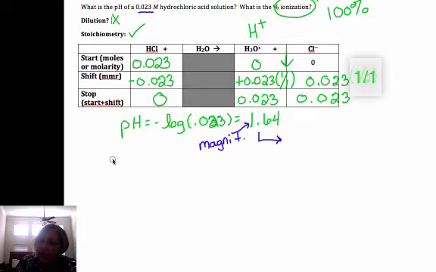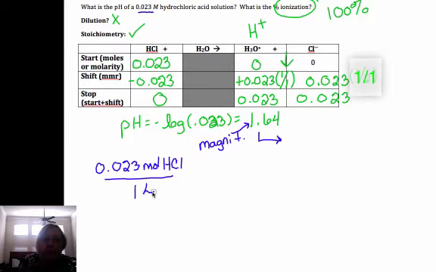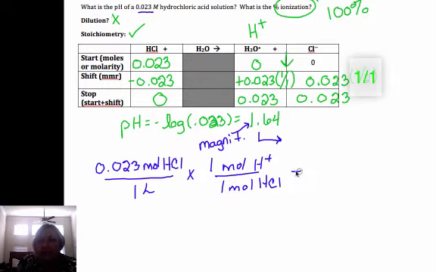Now, certainly a much simpler way. Remember, DSE is a surefire way to get your mind going, but it's not always the shortest way. You certainly could have done a very simple stoichiometry. I've got this many moles of HCl per 1 liter. I'm going to multiply by ions within, 1 mole of H+ for every 1 mole of HCl, and you would have had the same number.